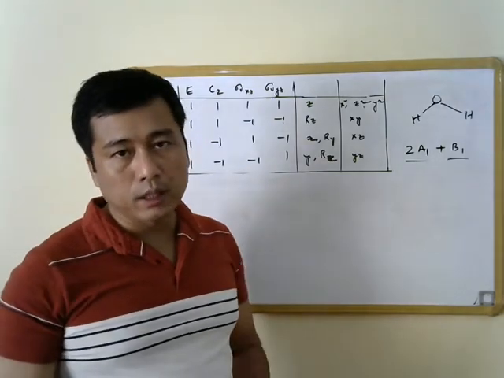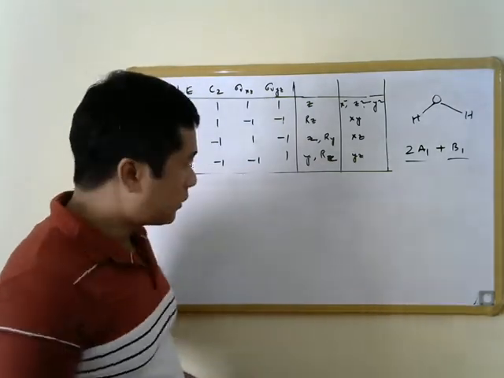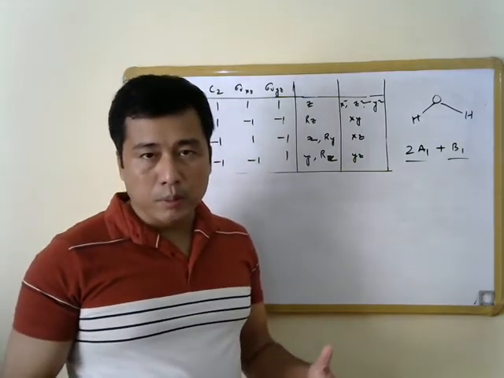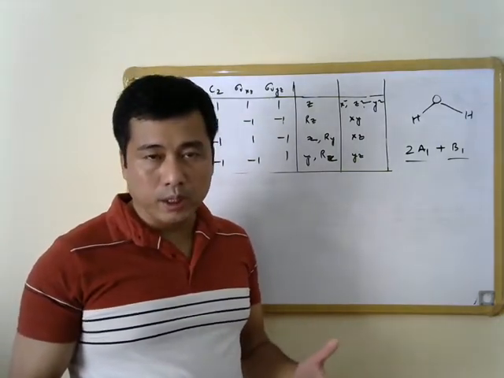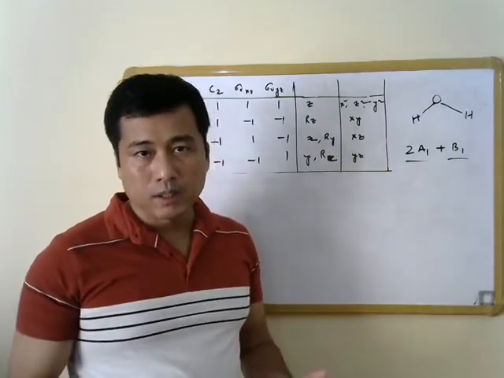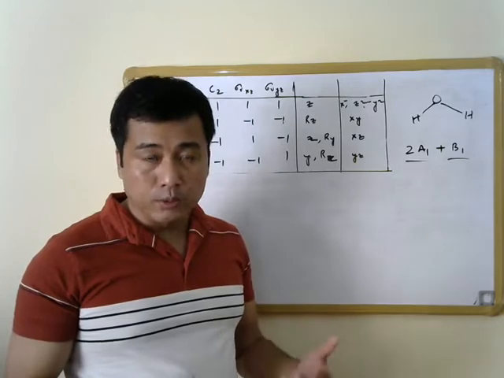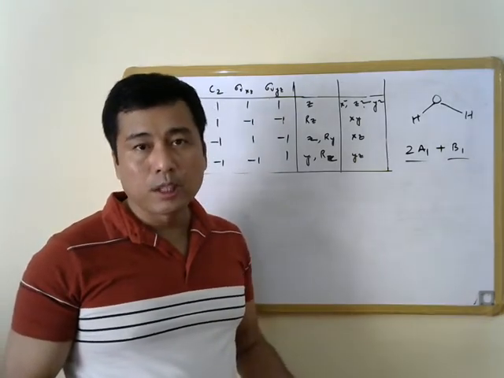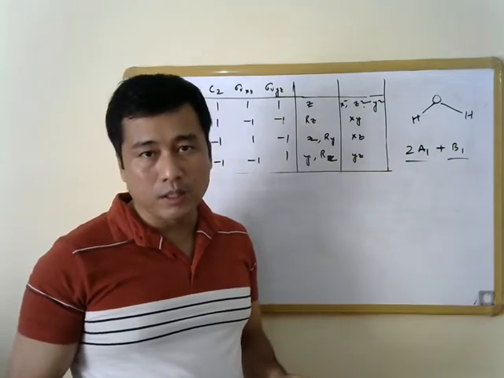To do this again, we have to find out, because the molecule in the initial state remains in the most symmetric state, that the ground state of the molecule forms basis for the most symmetric irreducible representation, that is the A1 irreducible representation.